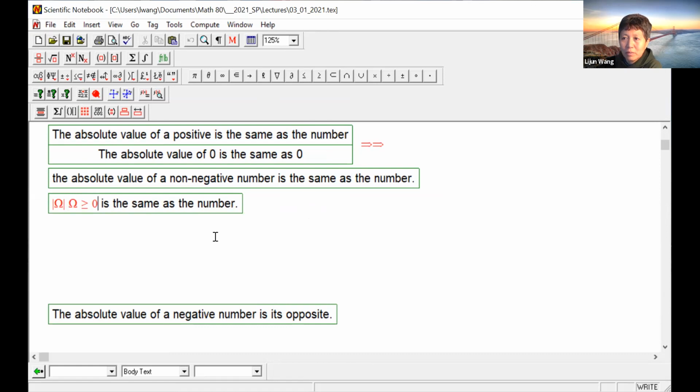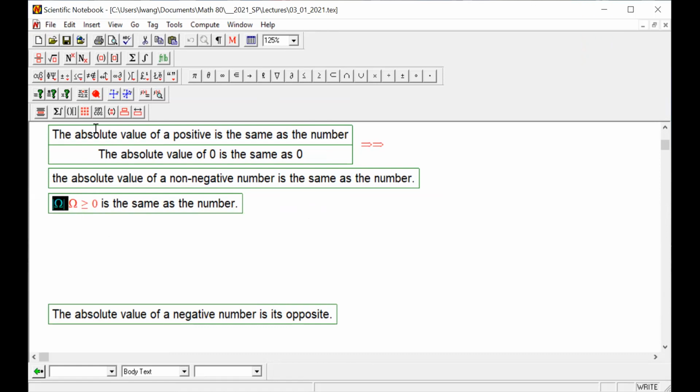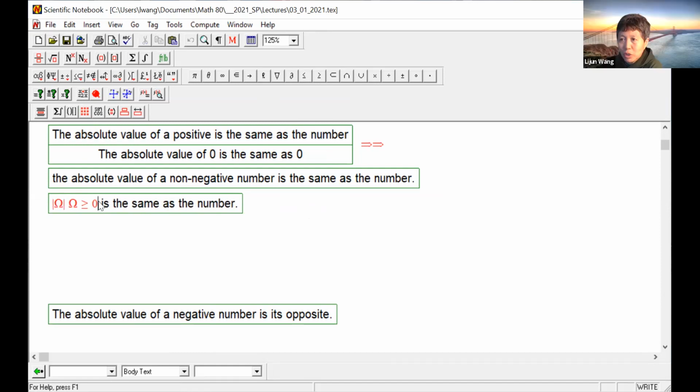You follow me? Yes. Now I'm going to switch places so that I can make the is, because after all, it's about the absolute value of this quantity. Omega is translated into the equal sign, the same as the number. Which number? Omega. This is the translation into mathematical notation. Do you follow me? Yes.